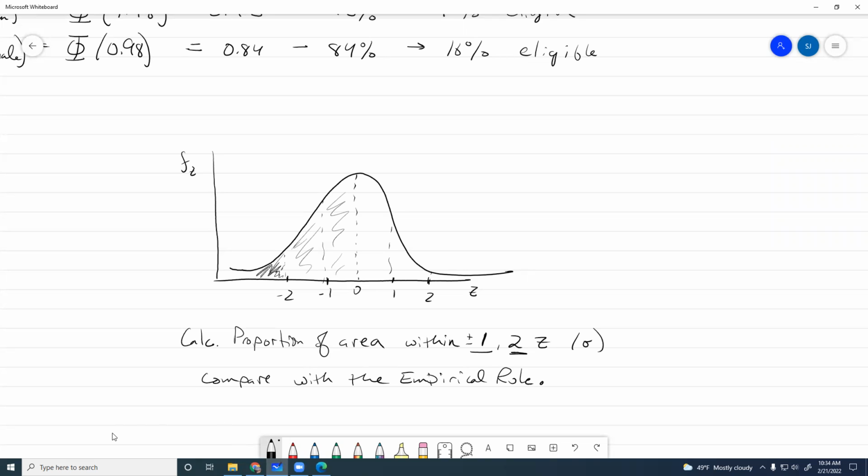So the empirical rule would be plus or minus 1, and then plus or minus 2. And that should approximate, if we go back to our notes, about 68%, and then about 95%.